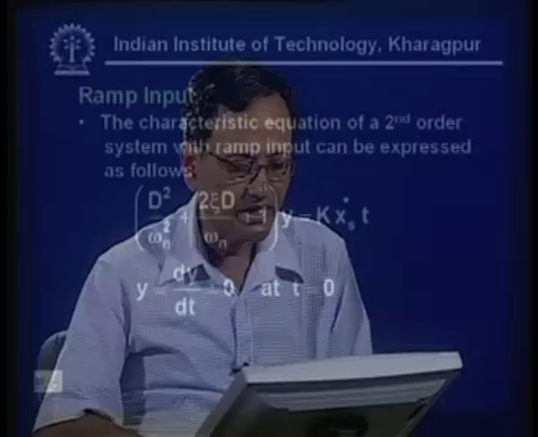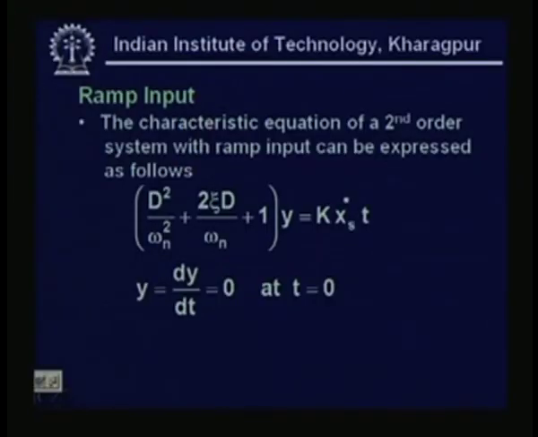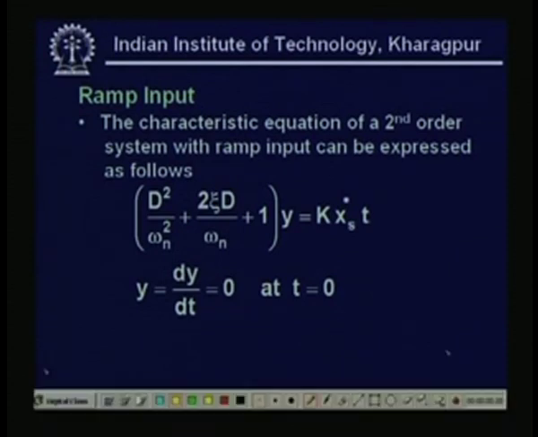D square upon omega n square plus 2 xi D by omega n plus 1, y equals k xs dot into t, with y and dy by dt equal to 0 at t equal to 0. These initial conditions we have discussed before also. What does it mean? Xs dot means my input, which looks like this. This is our ramp input. We discussed this thoroughly when we covered the first order system.